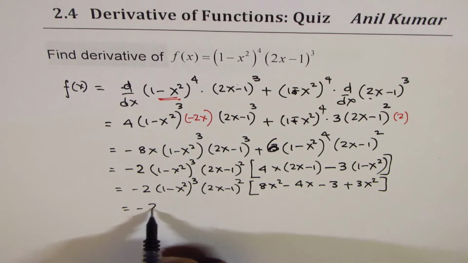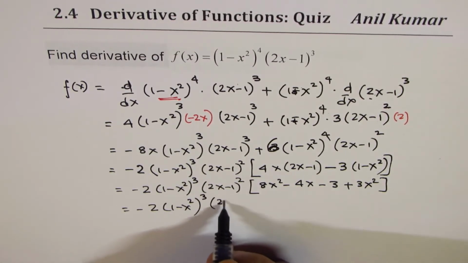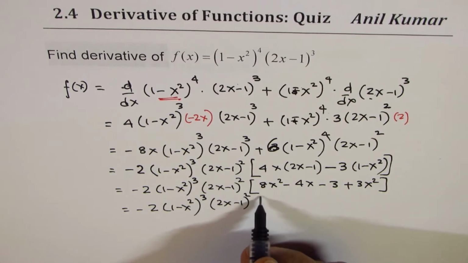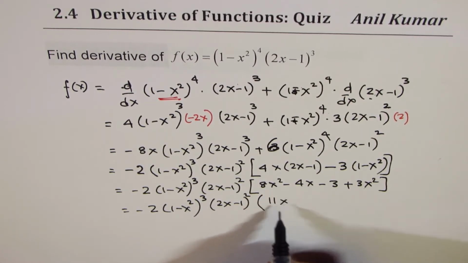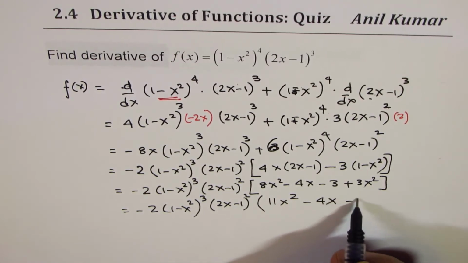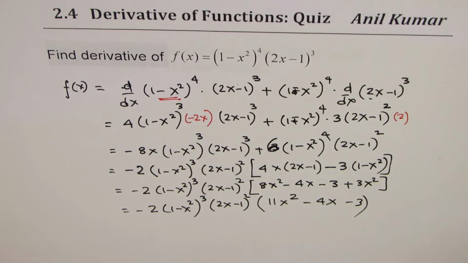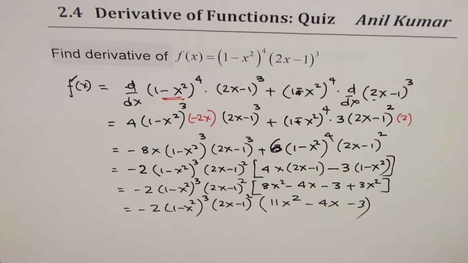So that gives us minus 2, 1 minus x square whole cube times 2x minus 1 whole square times 8 plus 3 is 11, minus 4x minus 3, right? So that is a simpler form to leave the expression at. So that becomes the derivative of the function. This is all derivative of the function, right?